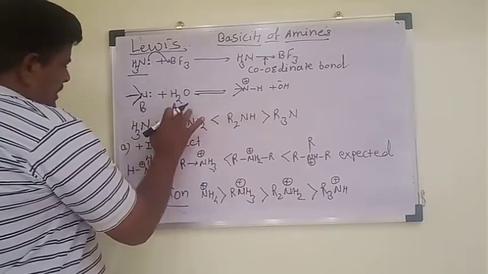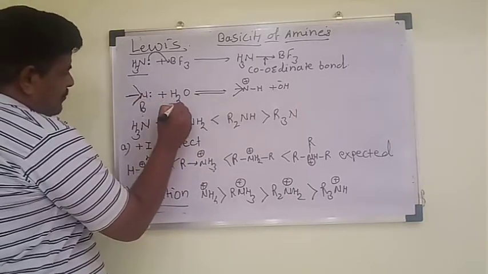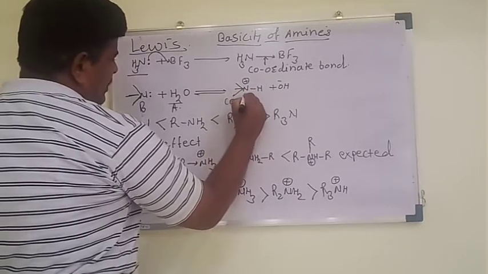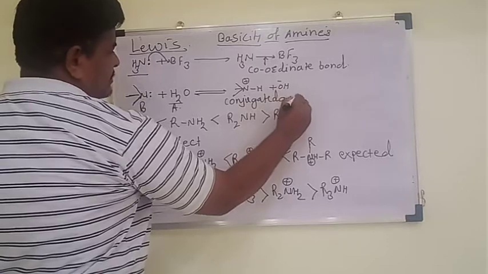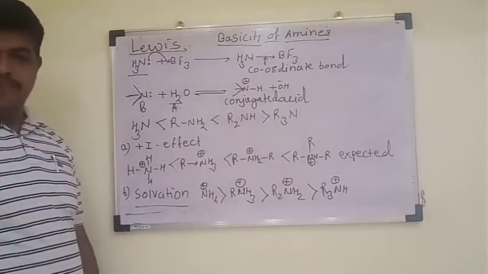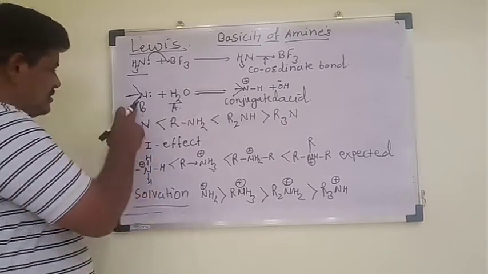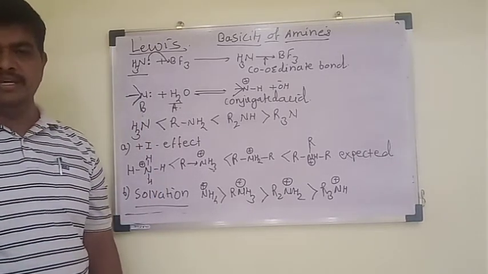When this base and acid combine, the base abstracts one hydrogen from water and forms this conjugate acid. So according to Lowry-Bronsted theory, we can say that this is a base. So amines are basic in nature.